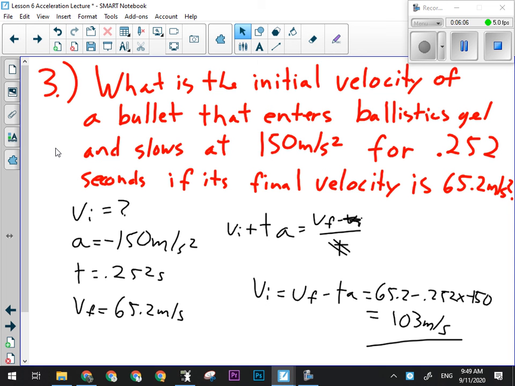But we get this idea that because there's a massive acceleration, what goes on in movies is real, where somebody gets shot and they fly back 10 feet. Is that realistic? Not at all. The acceleration for the bullet may be incredibly large, but the bullet's mass is incredibly small. The ballistics gel's acceleration, because its mass is so much bigger, is actually quite small.